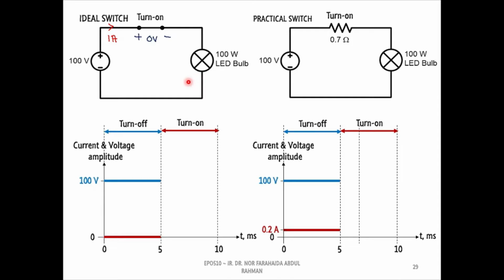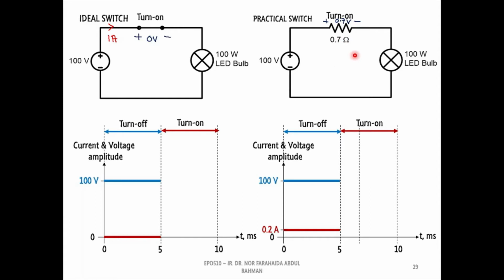Instead, for a practical switch, we can measure the voltage across the power switch due to the inner resistance. The voltage is known as a voltage drop. However, in contrast to the off state, the inner resistance in this condition is very small.